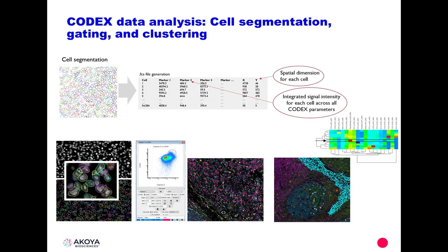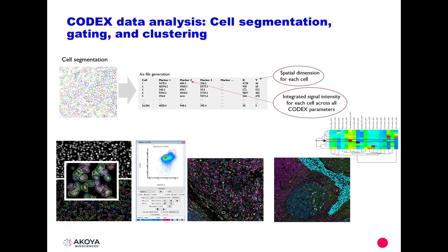The data that are produced by CODEX come in some simple formats. The cells are segmented, and these segmented cells in the image produce an FCS file, and we also have TIFF images. Now, also in this FCS file, we have cytometric data for each cell that's segmented, as well as that cell's XY coordinates.